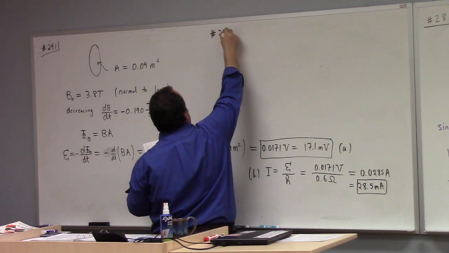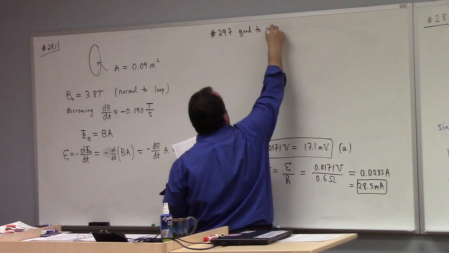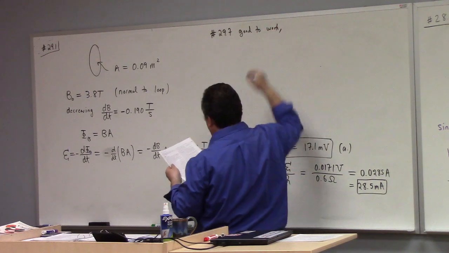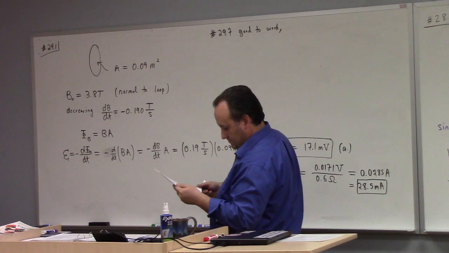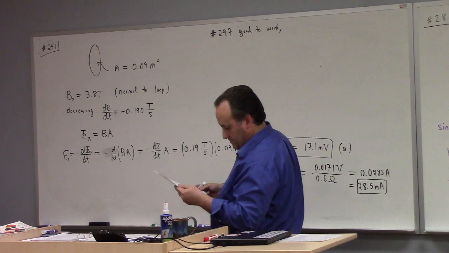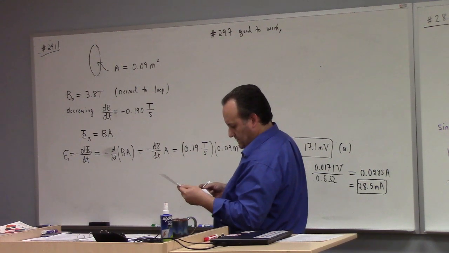Number 29.7 is good to work. Why? Why would that be good to work? Oh, wait a minute. Funky. Yowzers.